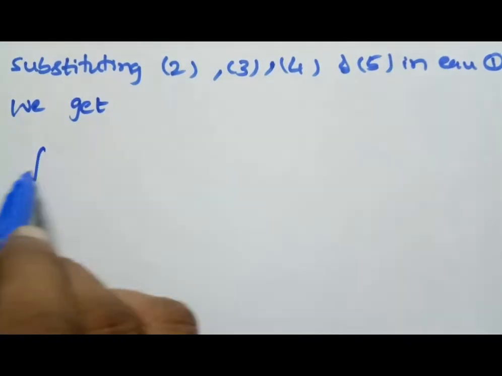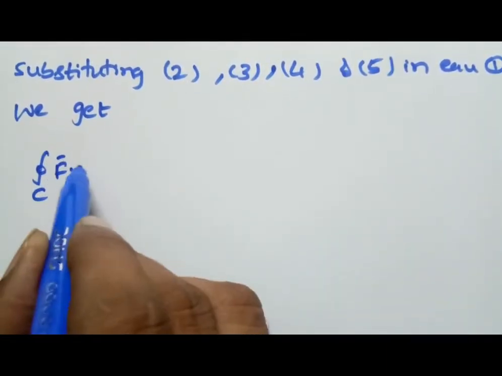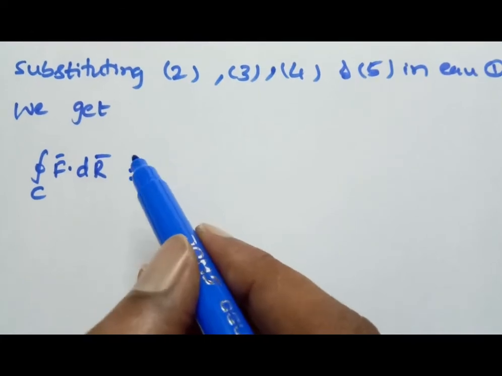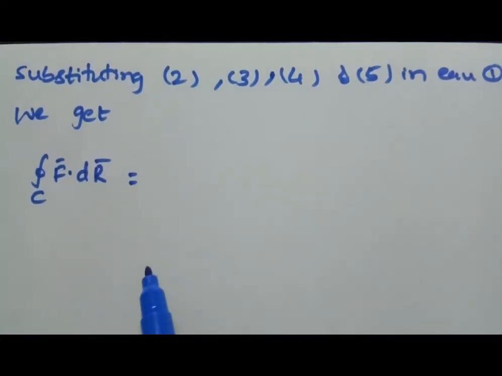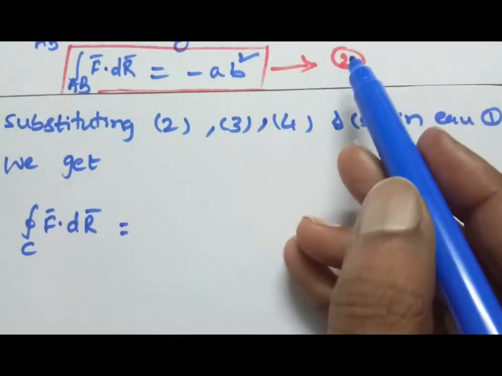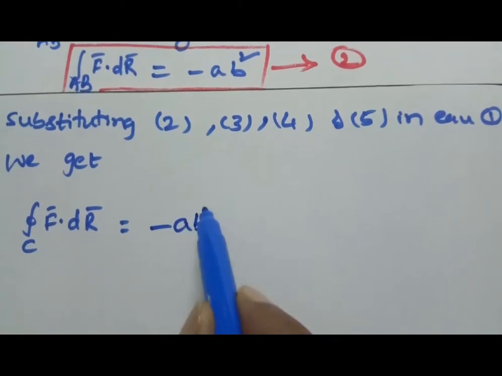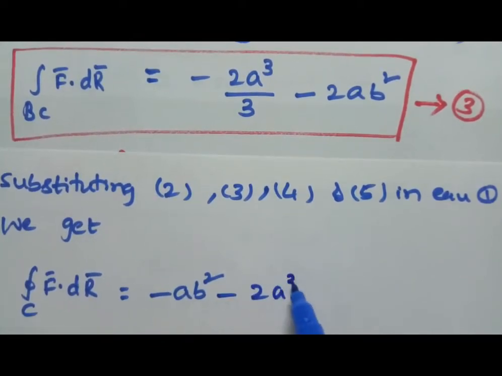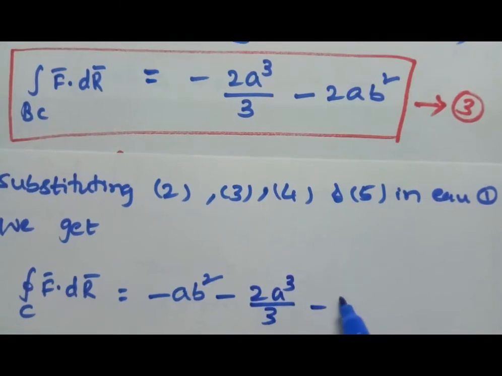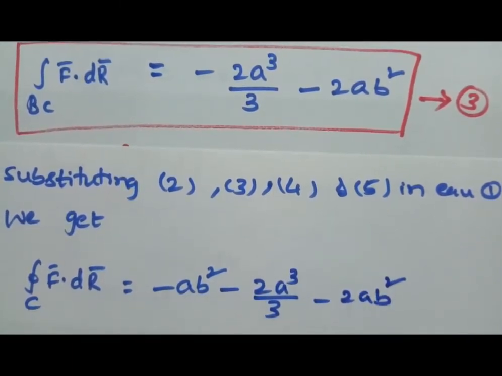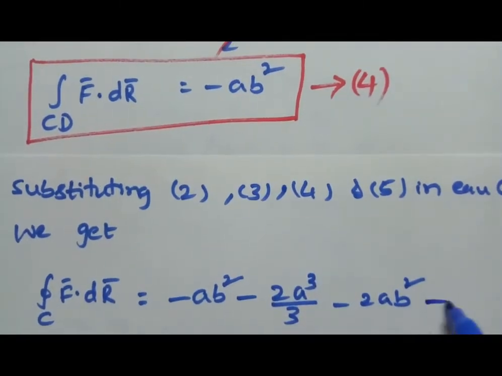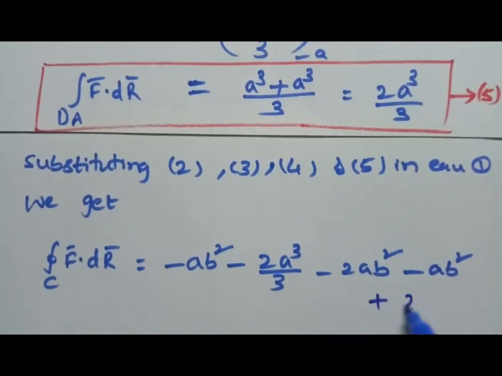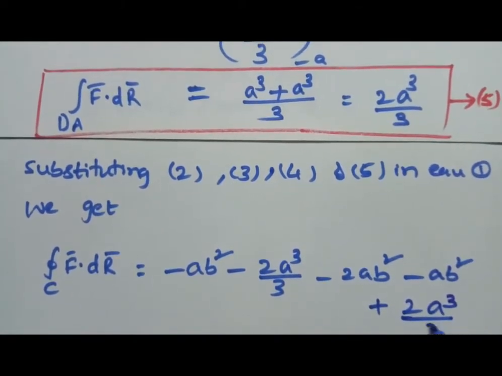We get integral over c of f bar dot dr bar equal to, now from equation number 2, that is minus ab square, from equation number 3 minus 2a cube by 3 minus 2ab square, equation number 4 minus ab square, from equation 5, 2a cube by 3.